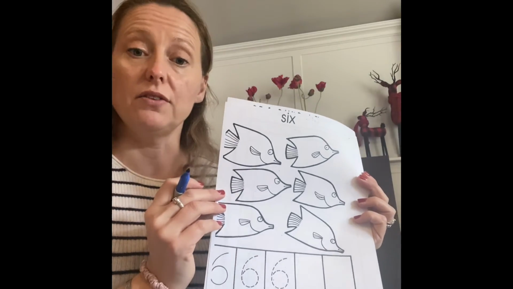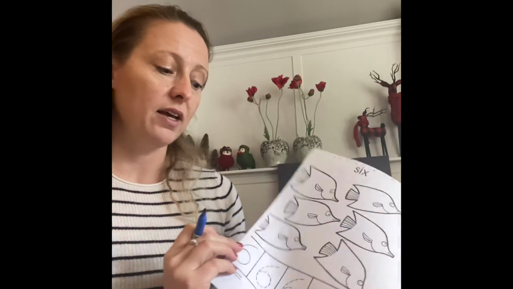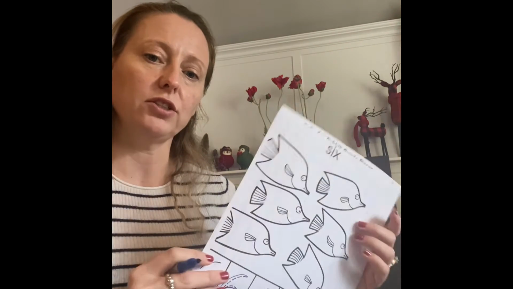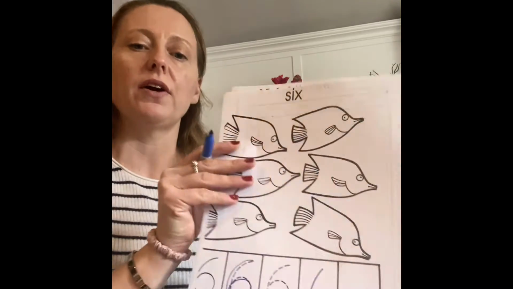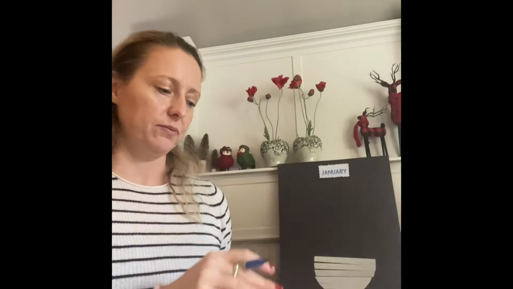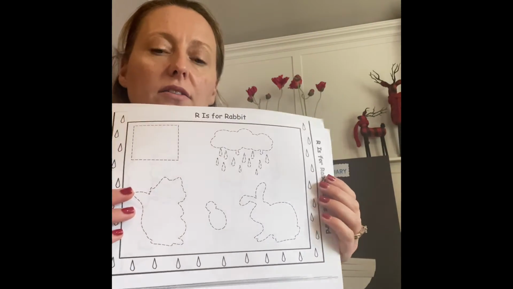You can color the fish and practice writing the 6. So you can do your best to trace over the 6 and then practice writing a 6 all by yourself. And then you know how to do this one. This is our puzzle pages.